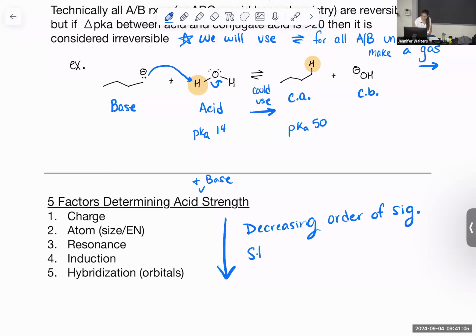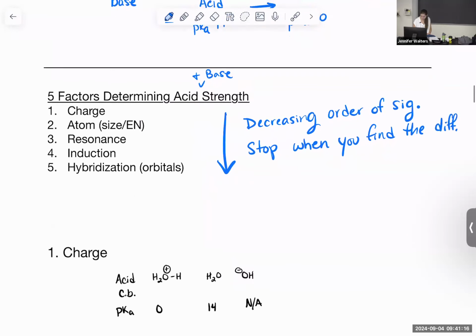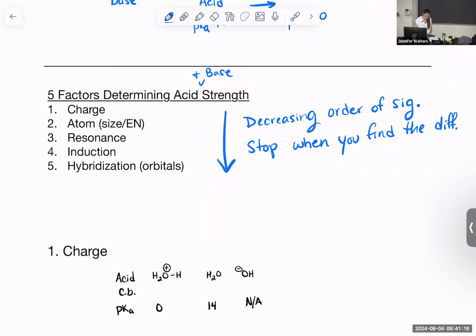You are going to stop when you find the difference. What this is really looking at is comparing the stability of the conjugate base.